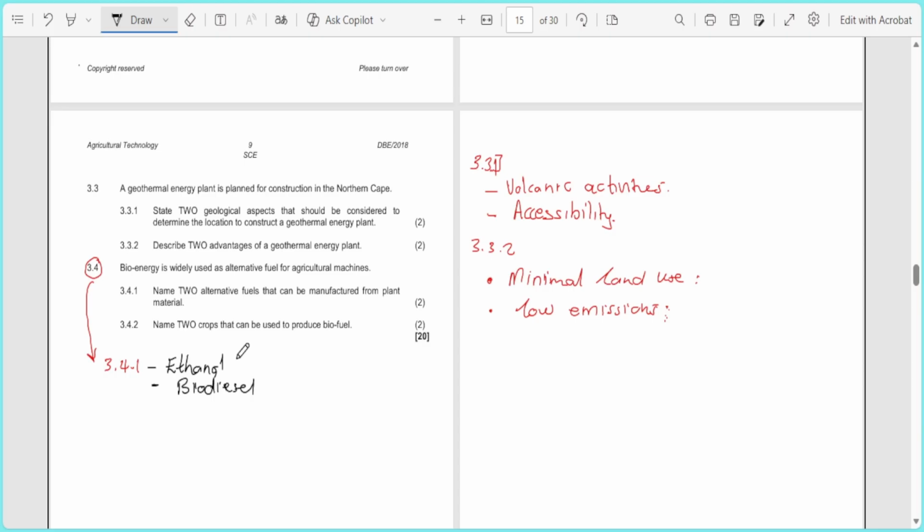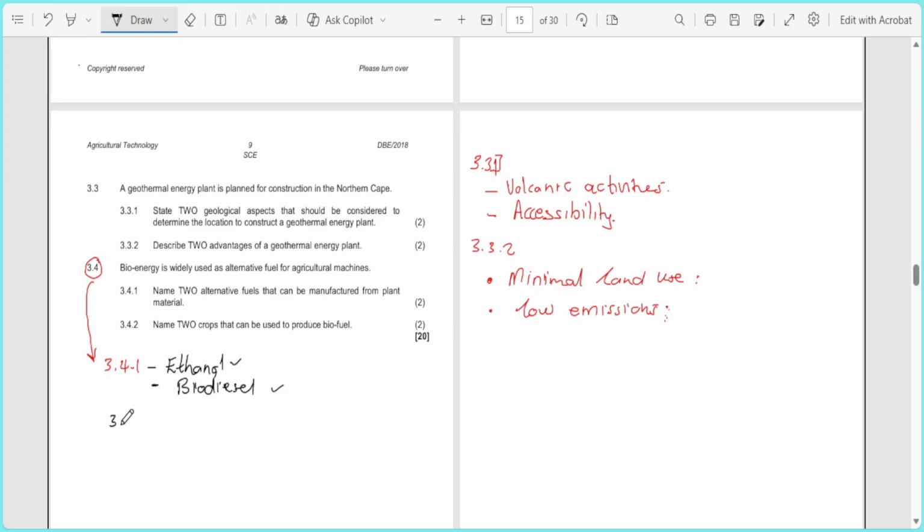And on the biodiesel side, it's the transesterification of plant oils. I'm not even sure if I'm saying that word right. All right, so we have these alternatives.